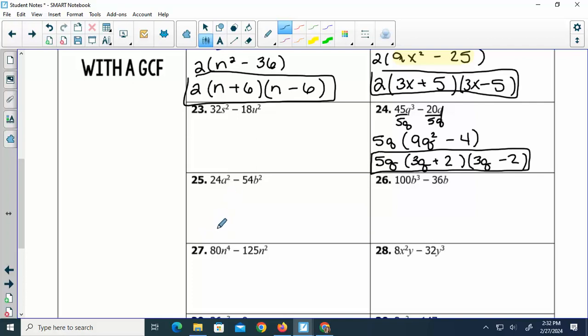All right. If I look at 25, what can I divide those by? 6. Do they have any variables in common? No. So 24 divided by 6 is 4a squared. 54 divided by 6 is 9b squared.